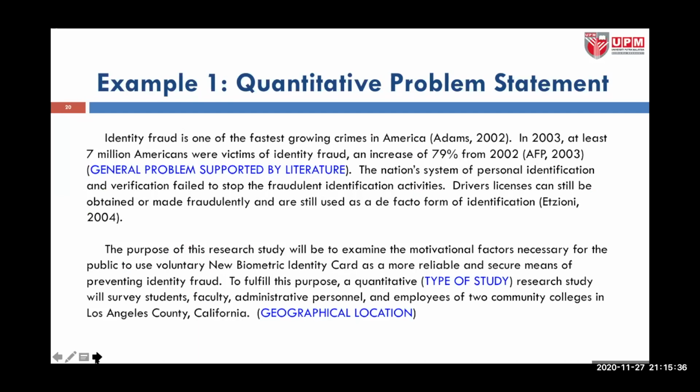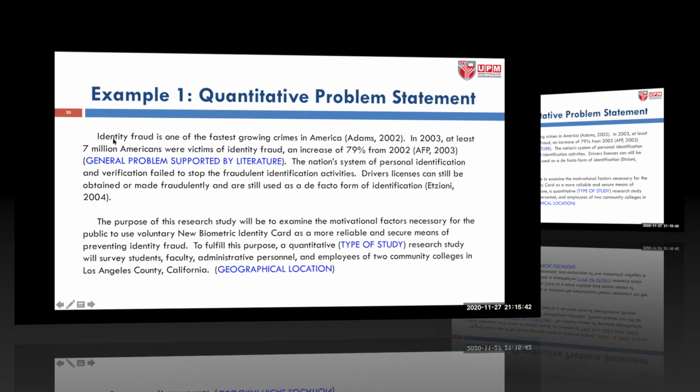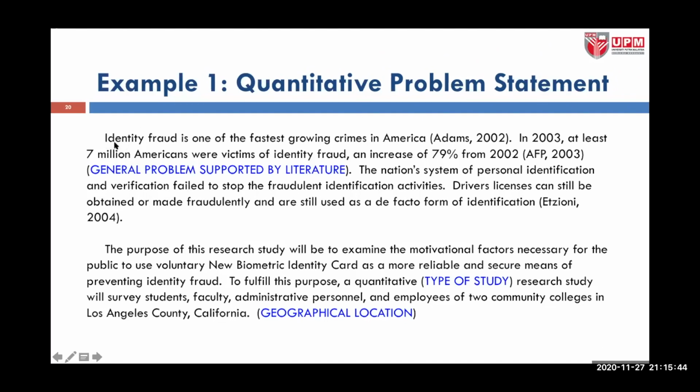Okay, shall we just continue first, for the quantitative problem statement. So basically, the example given here is identity fraud. The issue is that identity fraud is one of the fastest growing crimes in America. There's a quotation from a citation, Adams 2002. In 2003, at least 7 million Americans were victims of identity fraud.